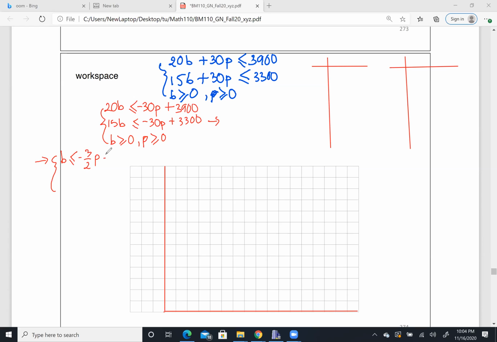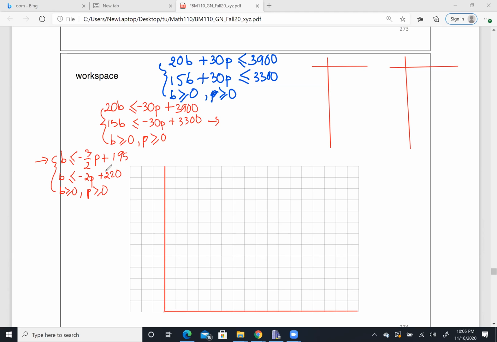Yeah, exactly the problem in 10.2, right? So the second one is B less than or equal to negative 2P divided by 15 on both sides, so 3,300 divided by 15 is 220, and then B greater than 0, P greater than 0.